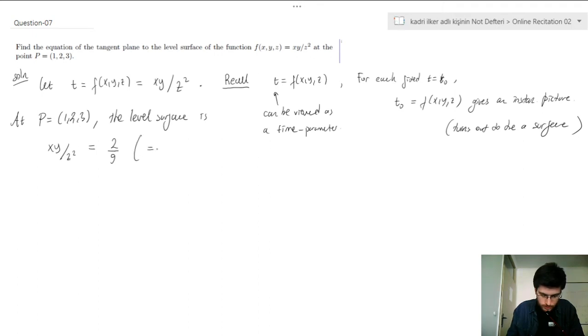This is exactly the value when you substitute (1, 2, 3) into the definition of f. So this is the level surface. When t equals 2/9, we have a surface like this.